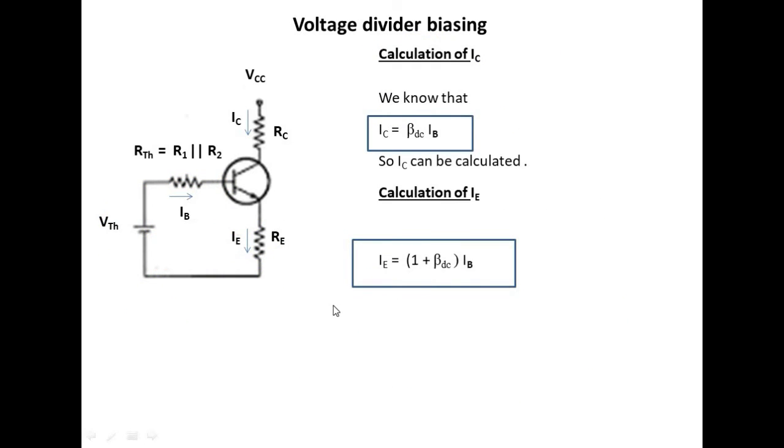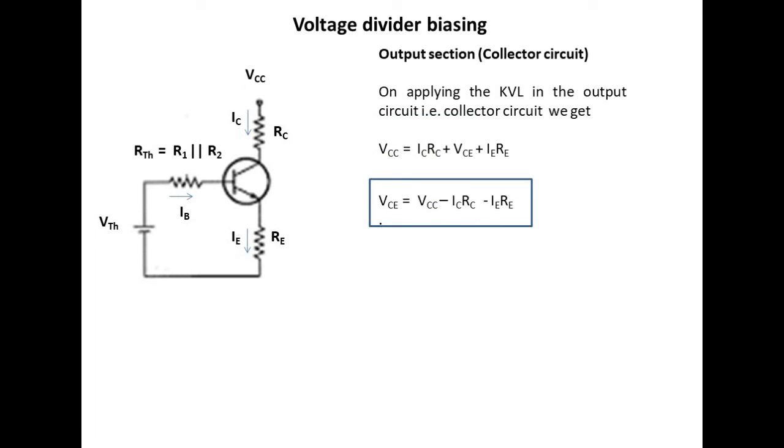Now we have to calculate the current IC. We know that IC is equal to beta DC times IB. IB we have already calculated. So IC is given as beta DC times IB, and we can also calculate IE as 1 plus beta DC times IB. Now we have to calculate VCE. So we have to apply KVL in the output section.